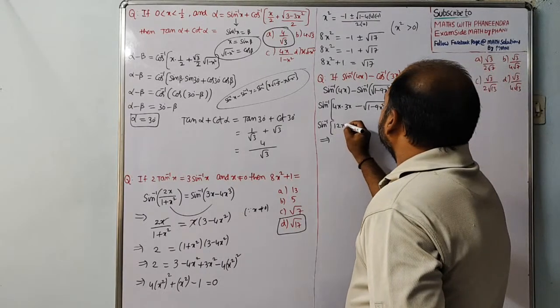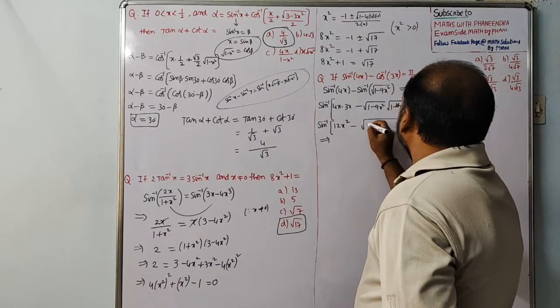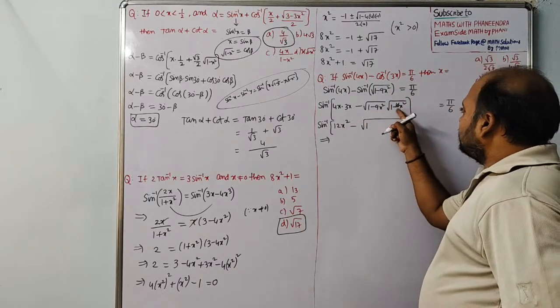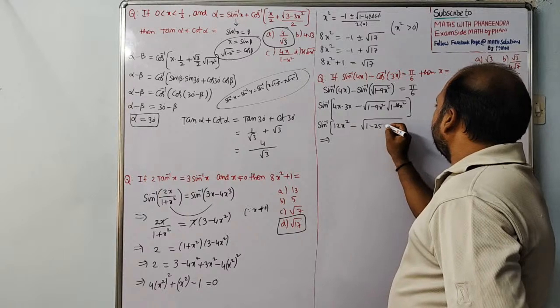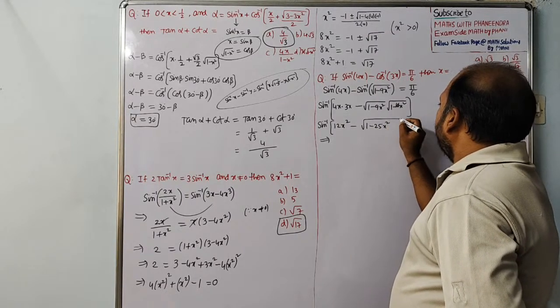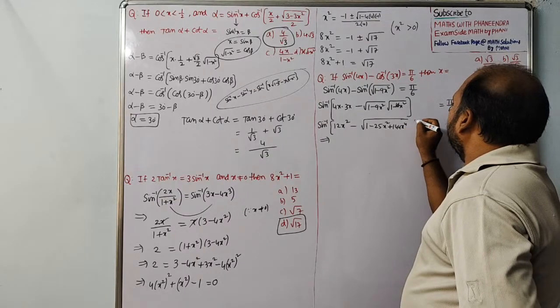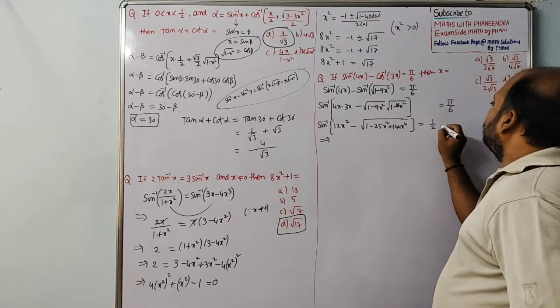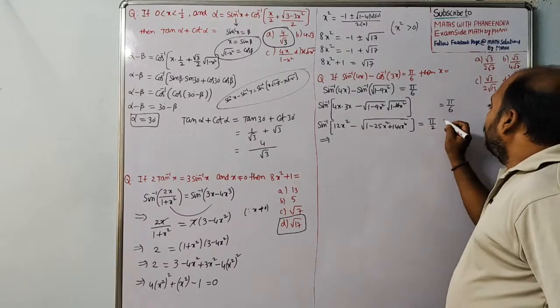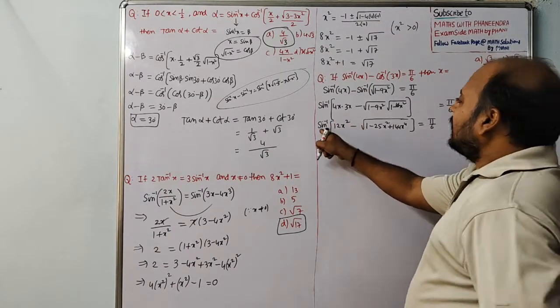So 12x square minus root of 1 minus 25x square plus 144x power 4 is equal to 1 by 2. Sin pi by 6 here only, no? Sin inverse, bring this side.